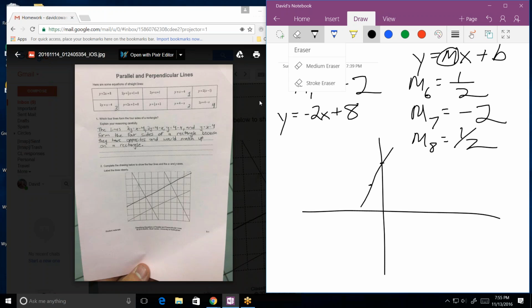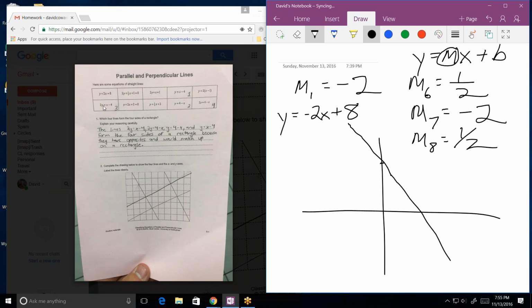So you're close. I've got to go down 2, but I can't go left 1. I've got to go right 1. So I go down 2 and go right 1. Now that's a negative slope. And that's the graph of equation 1.